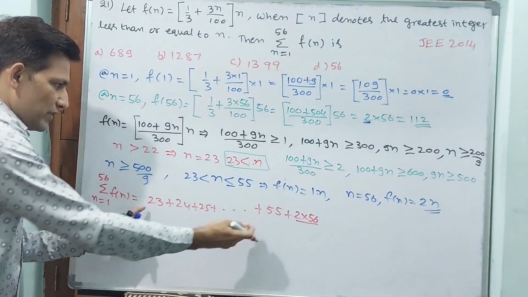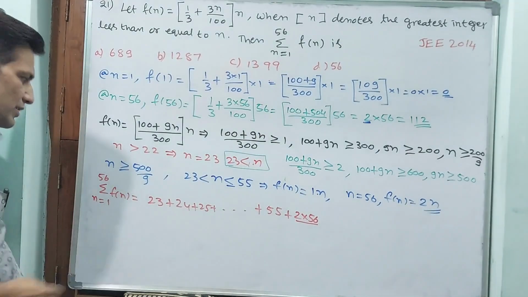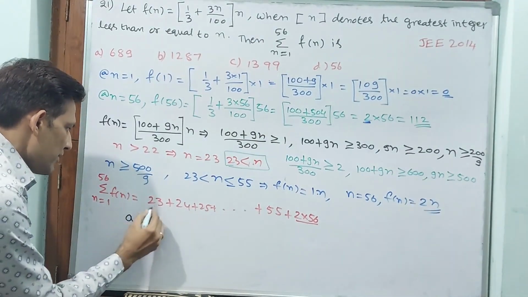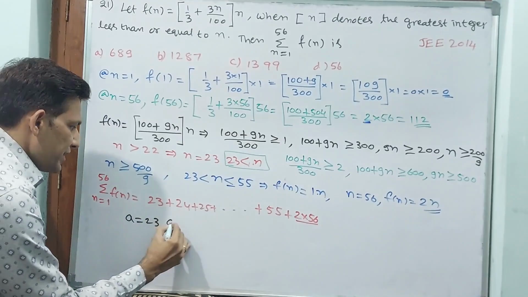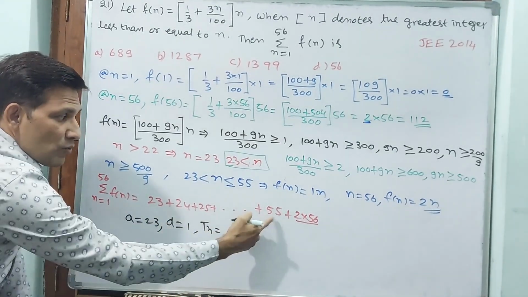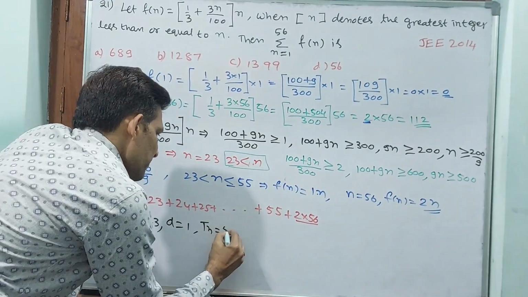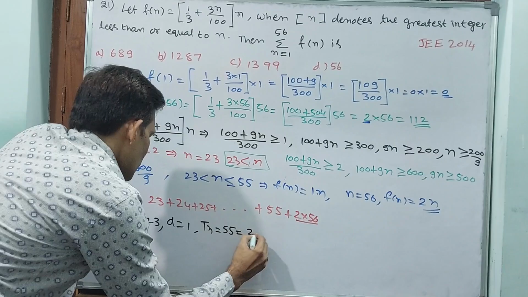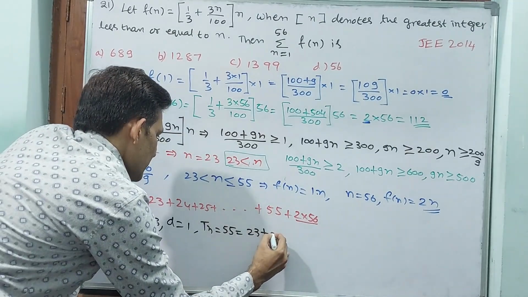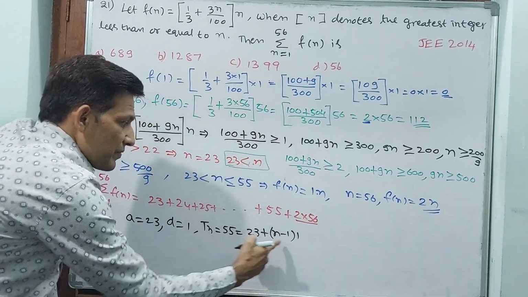That is okay. But for 23 to 55, you have to do an arithmetic progression. Your a will be 23, d will be 1, and Tn will be 55, because you want to know the number of terms, then only you can find the total sum. 55 is equal to 23 plus (n minus 1) into 1.